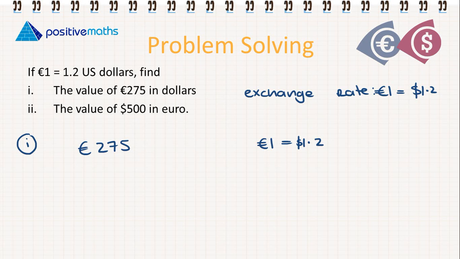So therefore 275 euro is going to be equal to 1.2 multiplied by 275. So we will find that 275 euro is going to be equal to $330.